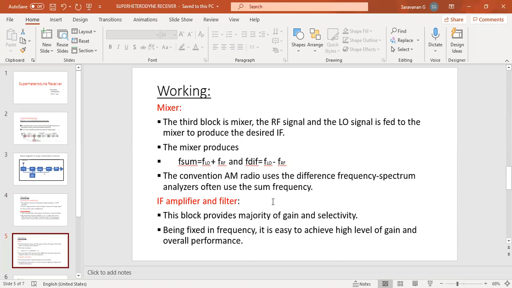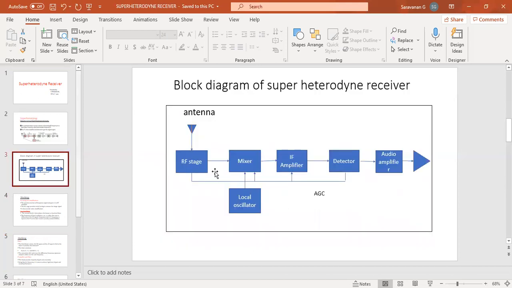This IF has to be amplified to provide the gain to the receiver. For that, the IF signal is passed into the IF amplifier, which is the fourth block in this block diagram.